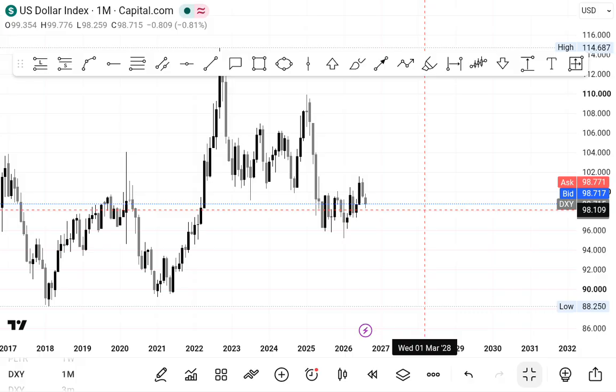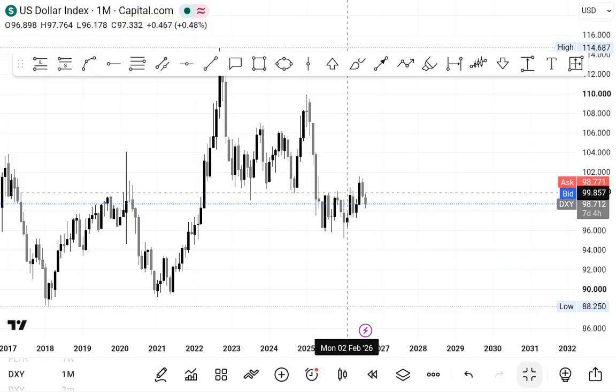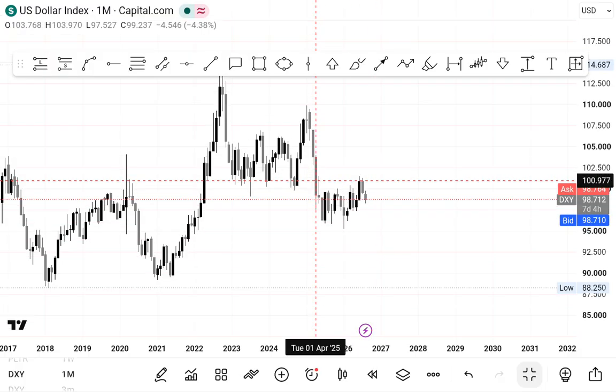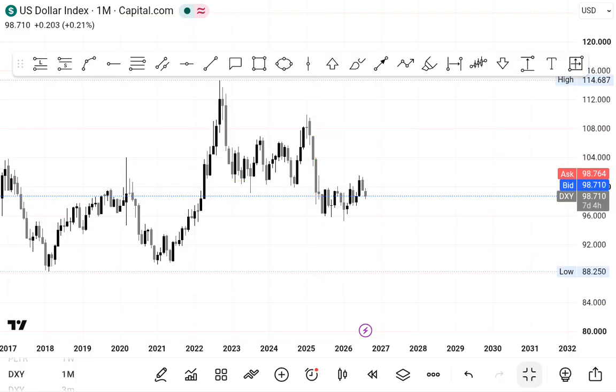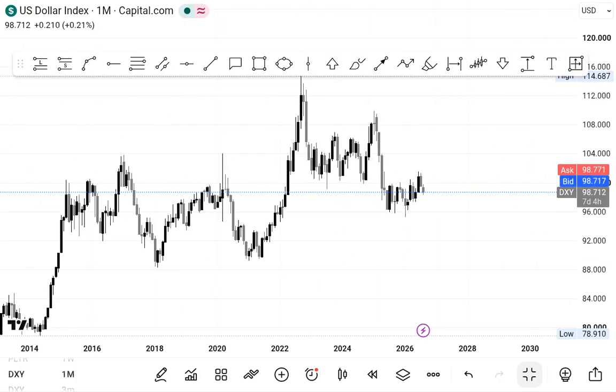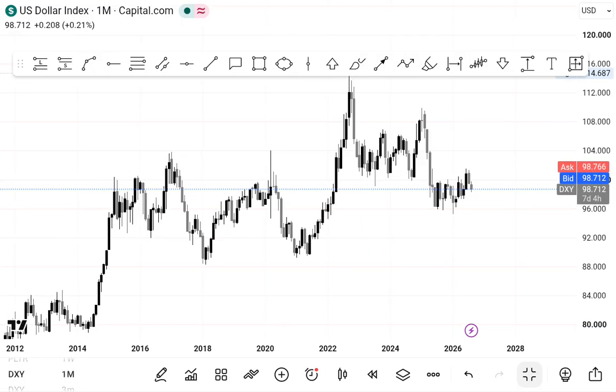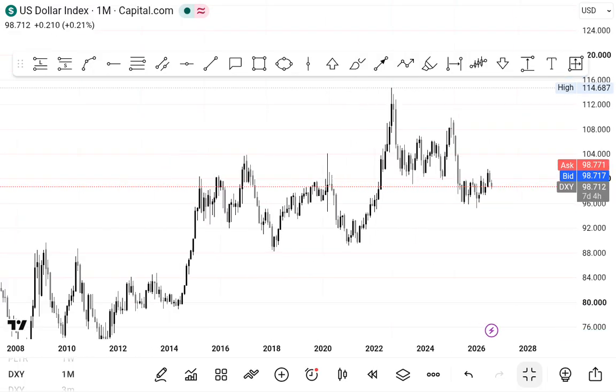So this is how I personally approach trading. You don't need to complicate things, but you need to follow the rules. Following the rules here is first paying close attention to what institutional traders are doing.